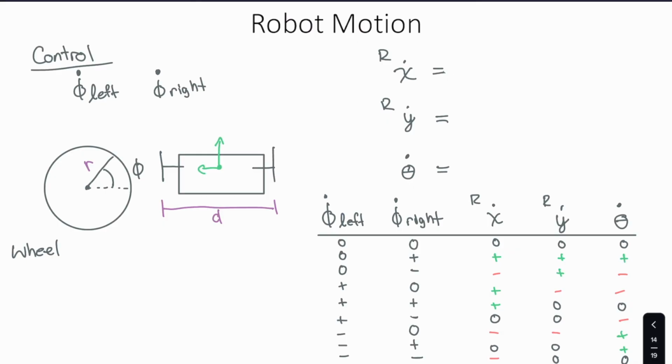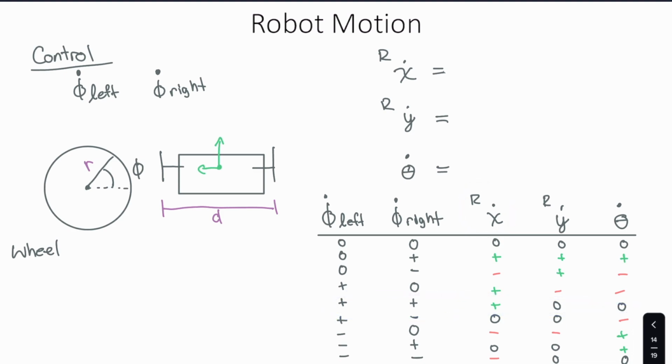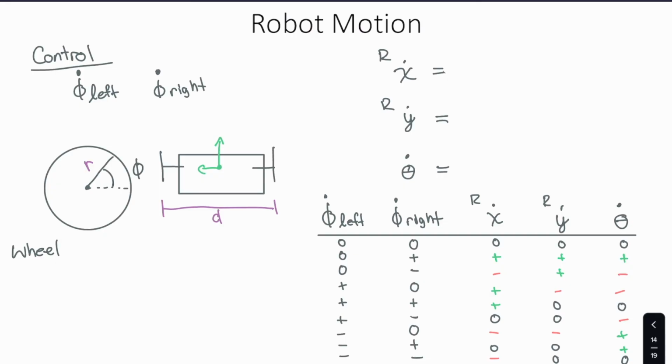You can see from the table that there are a couple of ways that we can affect just one of these quantities. So we can impact just the x-coordinate if we set both motors to positive or both motors to negative. In both cases, we get a pure translation in x. So it makes sense that if both of these quantities are the same, we'll only impact this, and it won't impact either the rotation or the y-coordinate.